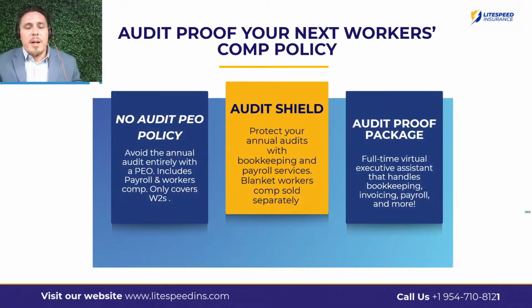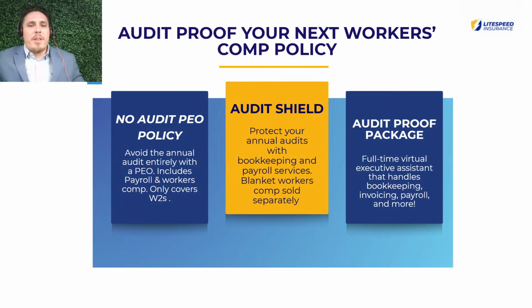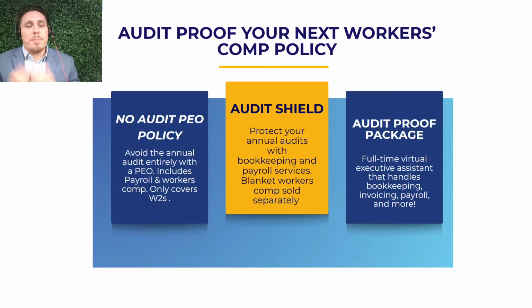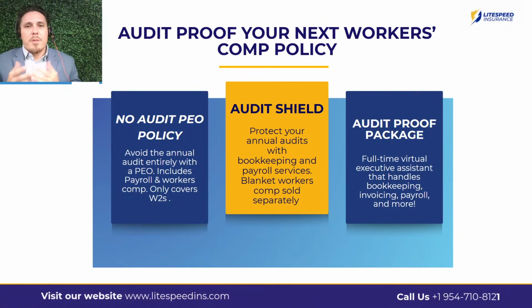Okay. All right, and these are some of the packages that we provide other than just the workers' comp. So our audit proof packages are designed to make your life easier. The first package we have is a no audit PEO policy. This is to avoid the annual audits. Again, some of you might know, if you don't know, PEO stands for professional employer organization.